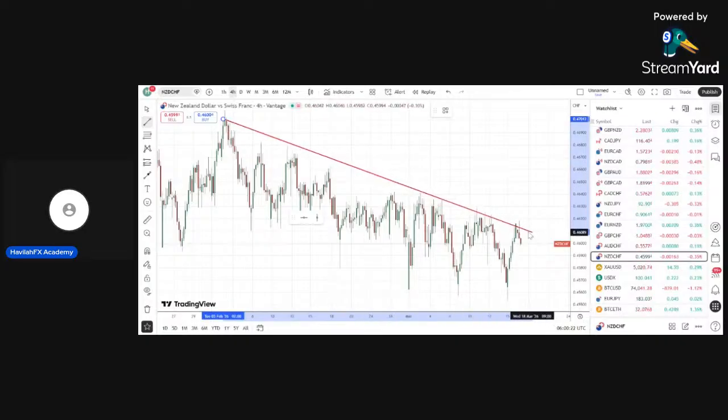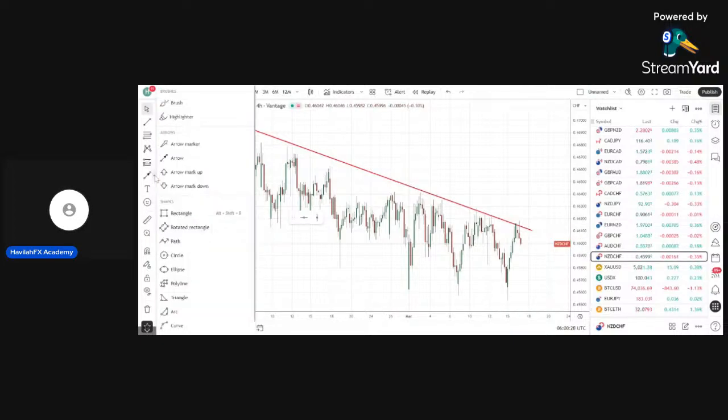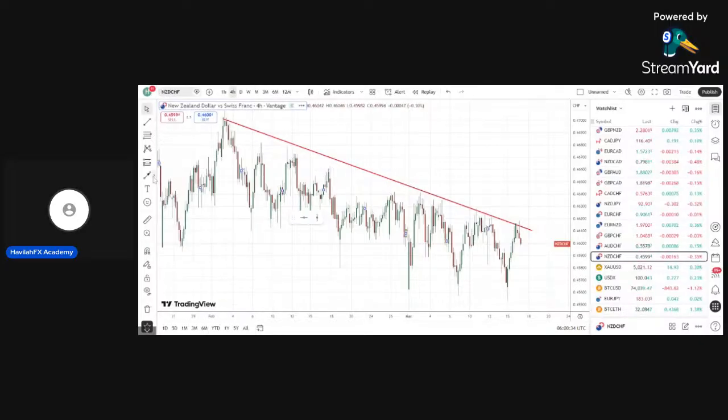All right. So you can see here that price is in an overall downtrend on NZDCHF, and the price has made a series of lower highs. You can see a series of lower highs.